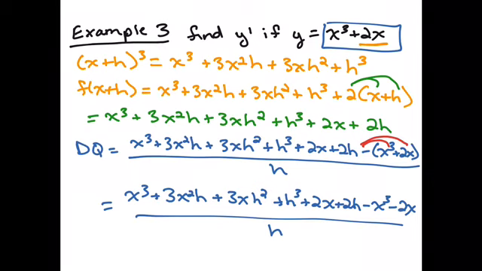And if we've done it properly, once we clean this up, every term should have an h in it to be able to factor out and cancel with denominator. So I see x cubed minus x cubed. I see 2x minus 2x, and everything else has an h in it. Okay?